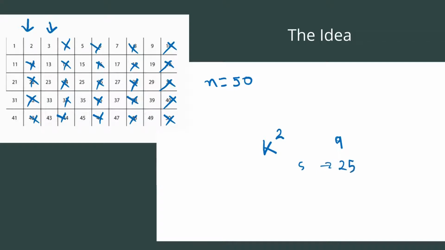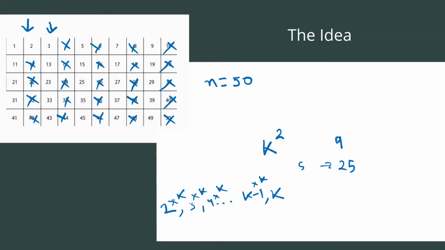Why? Because for an element k, we have already considered all the multiples of 2, 3, 4, up to k minus 1. So when we consider all the multiples of k, we might have also considered 2 into k, 3 into k, 4 into k, k minus 1 into k.